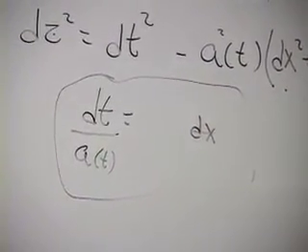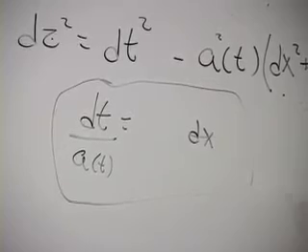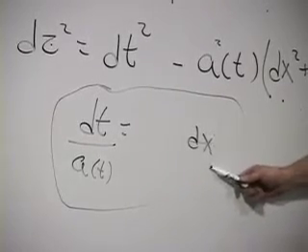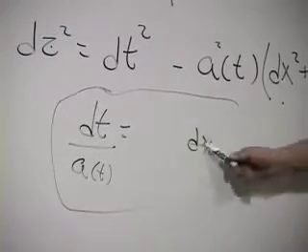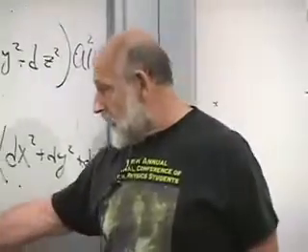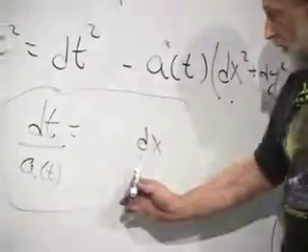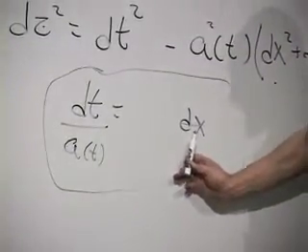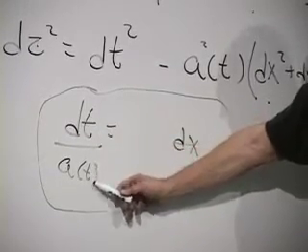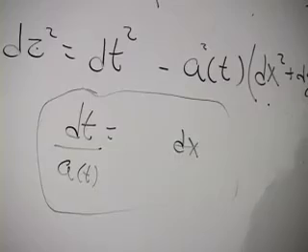This is the motion of a light ray in these coordinates, which, remember, are not measured in meters. In these coordinates, x is simply dimensionless, and the light ray moves an amount of distance dx in a given amount of time. It moves a distance which depends on the scale factor.